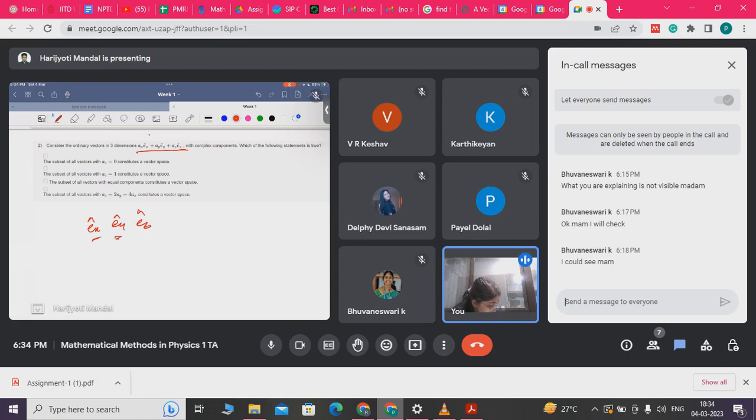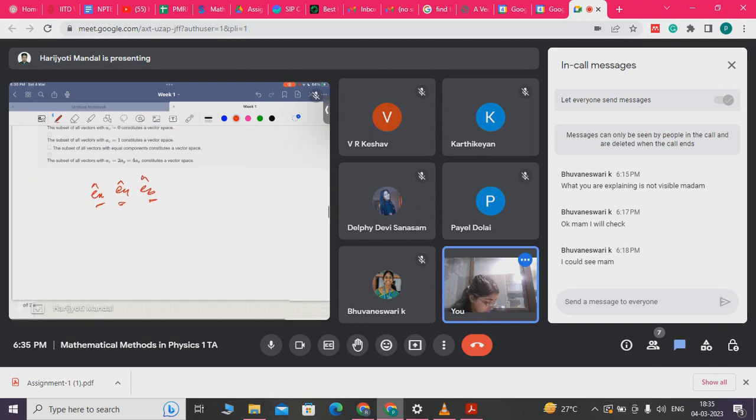Here Ex, Ey, Ez are unit vectors along directions x, y and z with complex components. The Ax, Ay and Az we can assume are complex. So which of the following statements is true? The first condition is the subset of all vectors with Az equal to 0 constitutes a vector space.